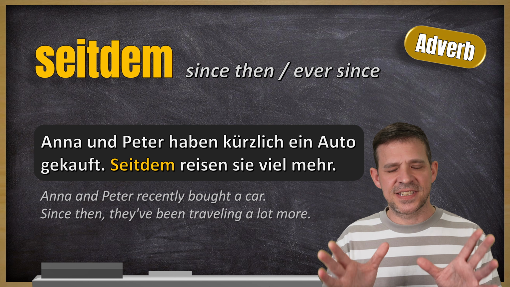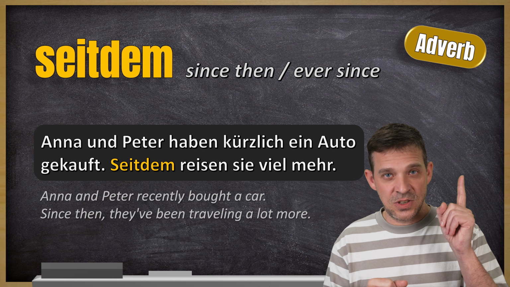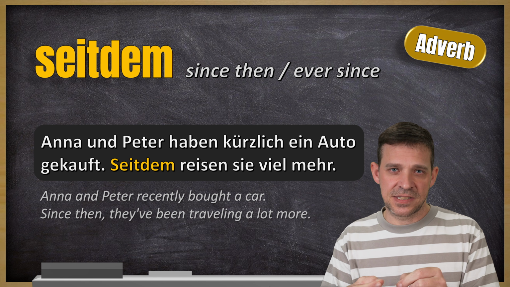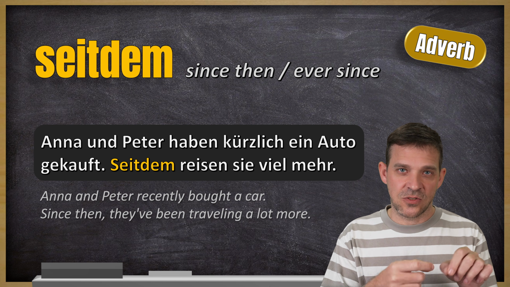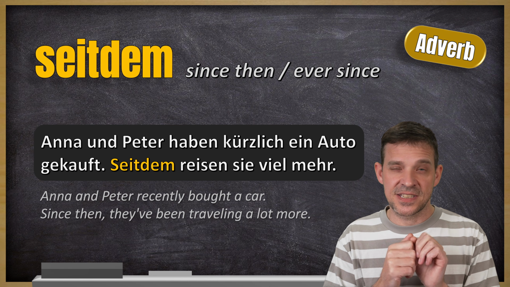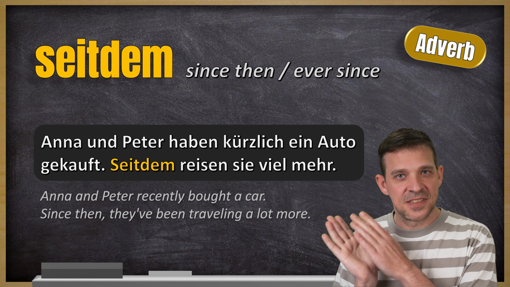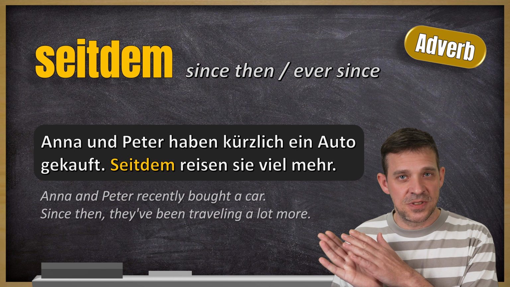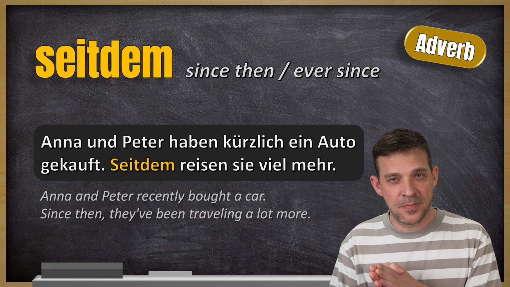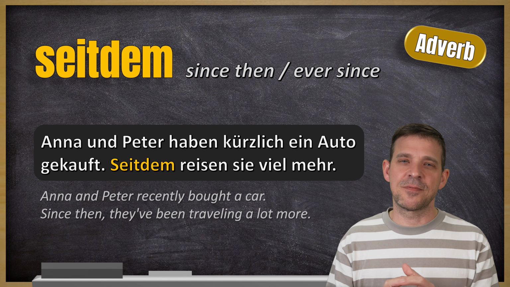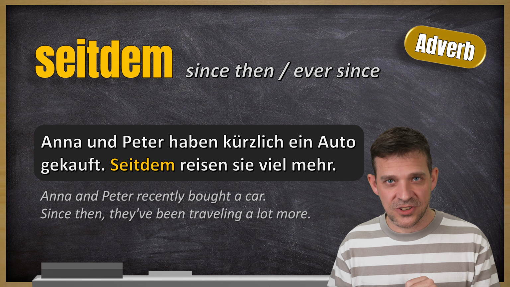And it's important to understand that this seitdem used as an adverb can actually be replaced with seit or seitdem used as a conjunction. So what I mean is this sentence here is using seitdem as an adverb. But you can change this sentence, express exactly the same thing, and use a conjunction.